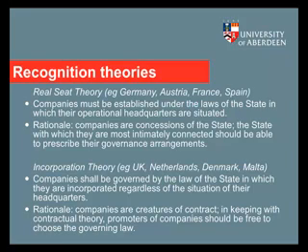Now, the rationale underpinning the real seat theory is that companies are viewed as concessions of the state. That is to say, a company cannot be established except with the intervention of the state, and therefore the governance arrangements within that company, the balance between the several interests in that company, would be established by the law with which that company is most intimately connected.